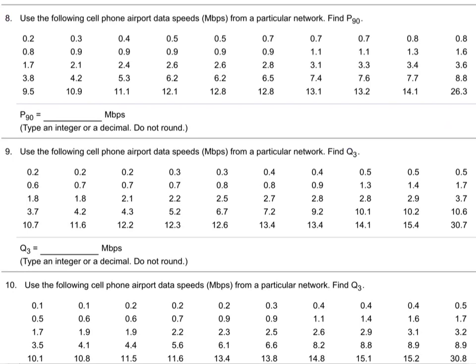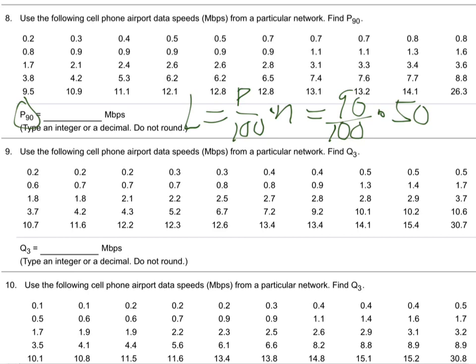Number 8. Okay, so let's try it now on number 8. We're going to take 90. They want us to find the 90th percentile. So L equals P over 100 times N. So that's 90 over 100 times N. There's 50 data values there. Isn't that 45?